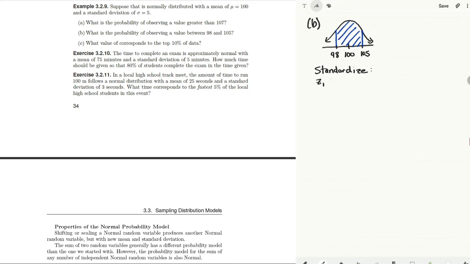So let's find the z-scores for 98 and 105. So the z-score for 98 is 98 minus 100 divided by 5, which is negative 0.4. And the z-score for 105 is 105 minus 100 all over 5, which is equal to 1.00.